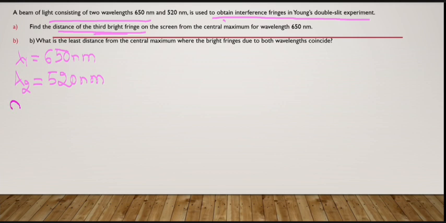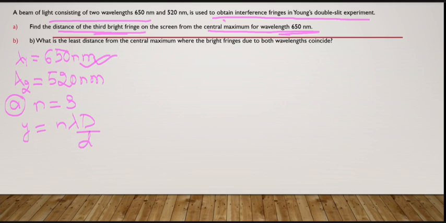In part A, it is n equals 3, from the central maxima for wavelength 650. That is, we will be solving for the first wavelength. Here, students, we have studied that for constructive interference, y equals n lambda capital D by small d.